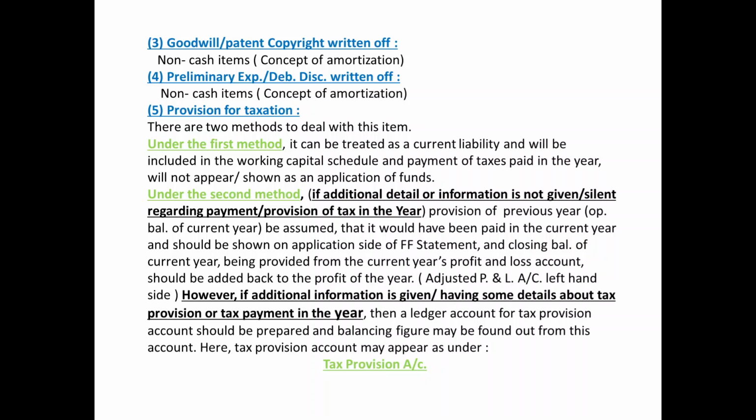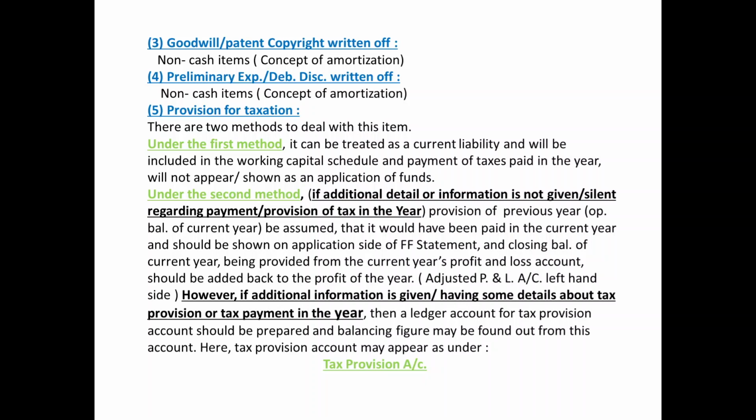The items due to which you have to increase the profit of the current year would be reported on the left hand side or debit side of adjusted profit and loss account. And the items due to which you have to reduce the current year's profit would be reported on the right hand side or credit side of adjusted profit and loss account. Simply remember these two lines.